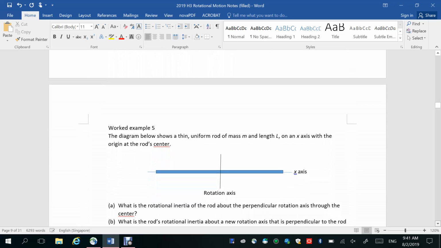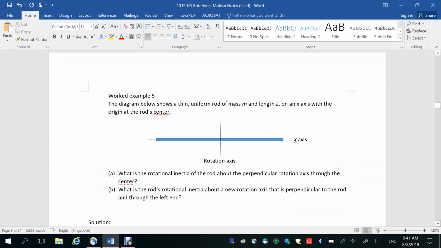Okay, let's take a look at example 5. Here we have the thin rod, so this is the one-dimensional rigid body. Our mass is m, length is L, and the axis of rotation initially passes through the center of mass. Now in part B you are asked to find the rod's rotational inertia about a new rotation axis that is perpendicular to the rod and at the left end, so this side.